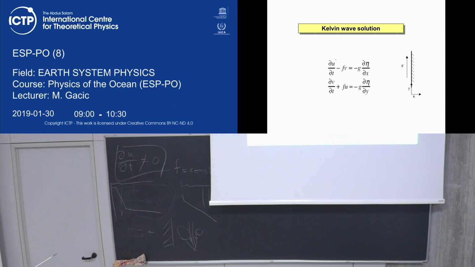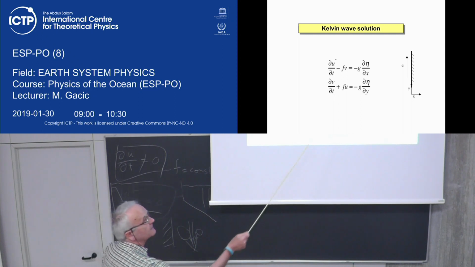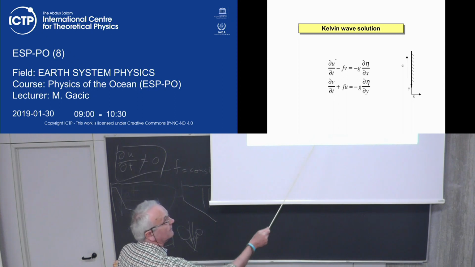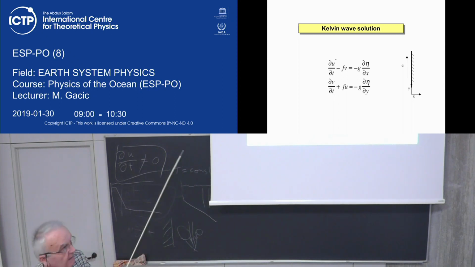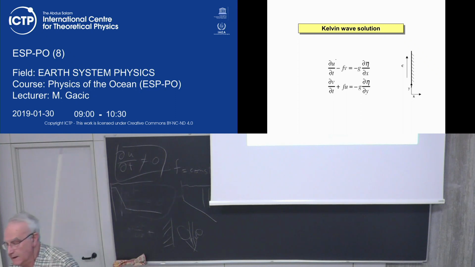Okay, so these are the qualitative considerations which we will then try to confirm by looking at the solutions of the equations of motion, assuming no non-linearity in our equations, and this is the gradient of the free surface, because these are the barotropic Kelvin waves.